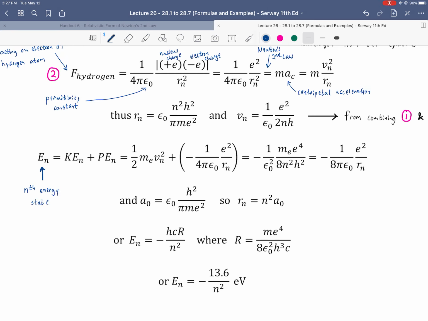Now since this is the energy of this electron bound to the nucleus in a stable hydrogen atom, that energy state consists of kinetic energy and potential energy. The kinetic energy of our electron is just 1/2 mv squared. Is it relativistic?